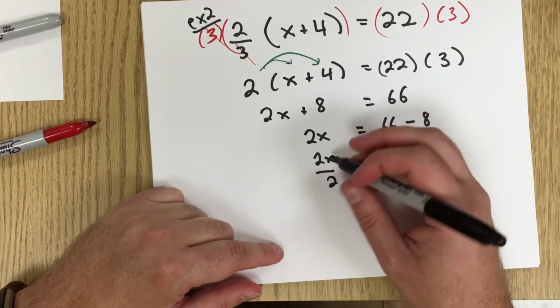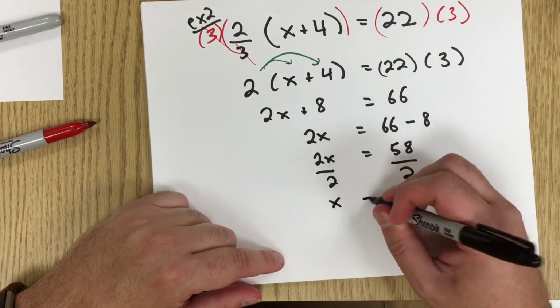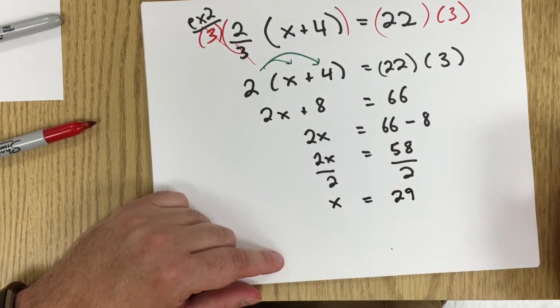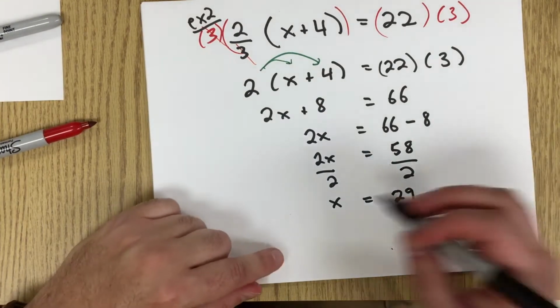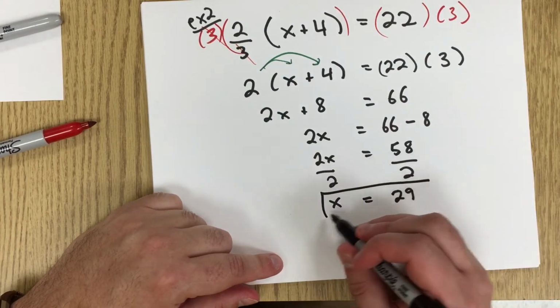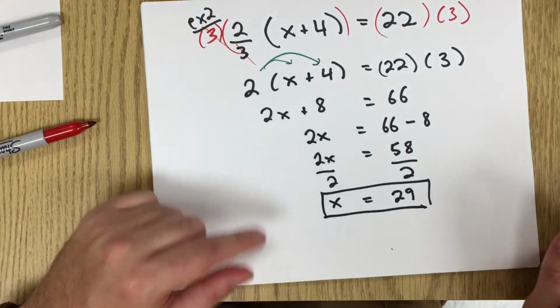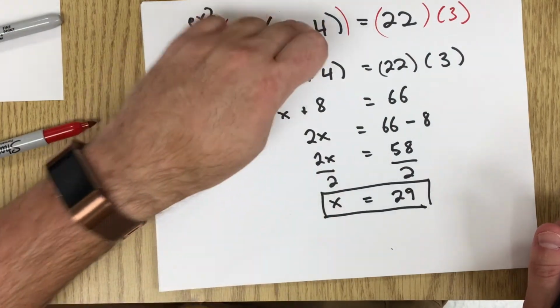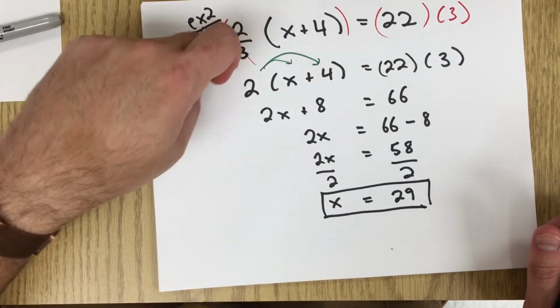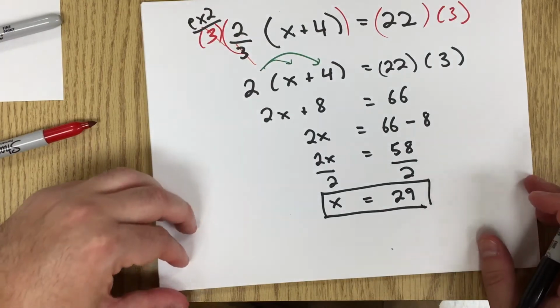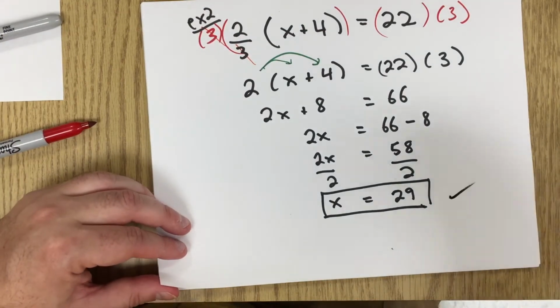And we divide by 2. And we get x equals 29. And there we go. I was a little concerned about that answer, but then I checked that it actually works, because 29 plus 4 is 33. 33 divided by 3 is 11, times 2 is 22. So it does work.